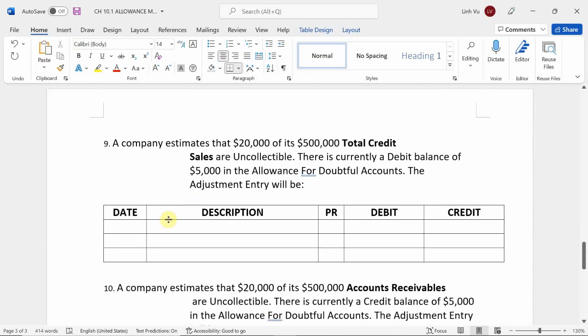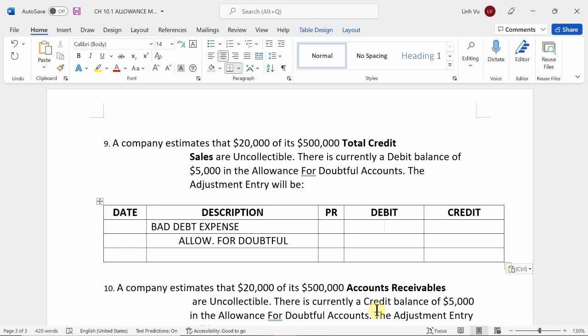All right. Question number 9. Okay, if a company estimates that 20,000 of a 500,000 total credit sales is to be uncollectible, and there's currently a debit balance of $5,000 in the allowance for doubtful accounts, your adjustment entry will be 25, not 25.